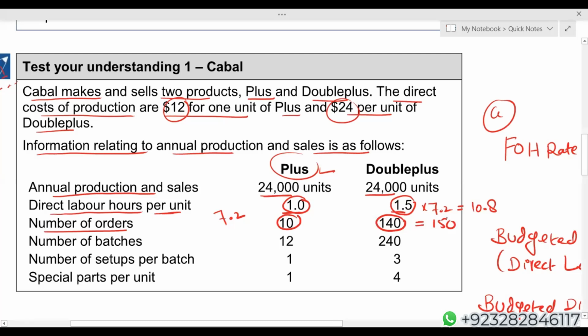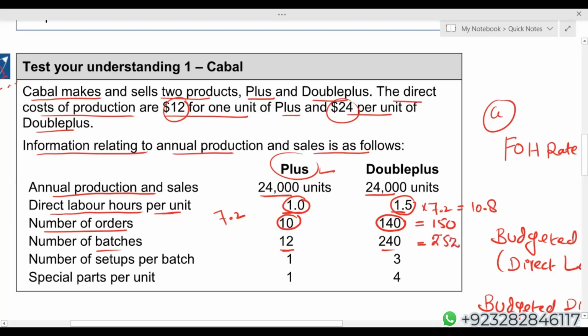Okay. Number of batches: plus has 12 batches and double plus has 240 batches. It means the total is 252 batches.